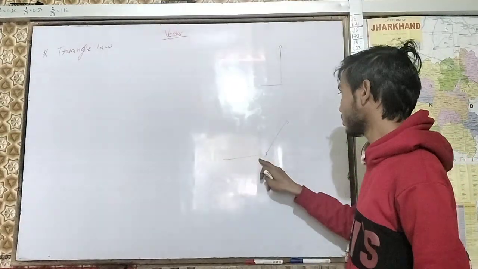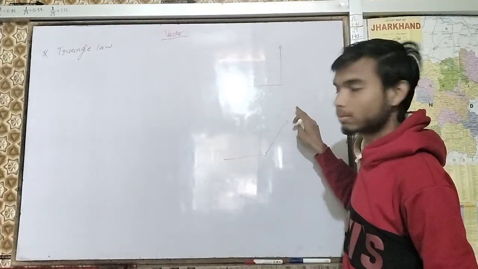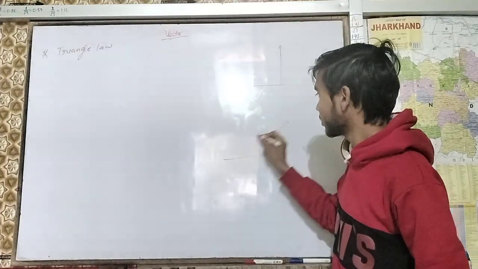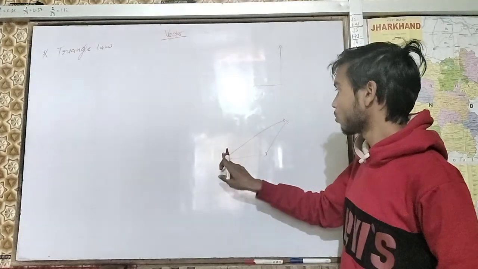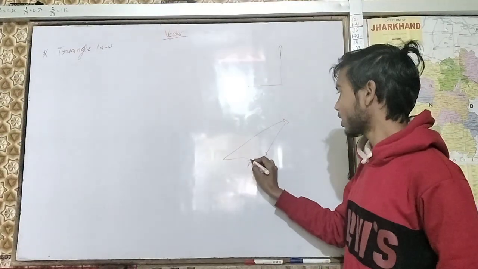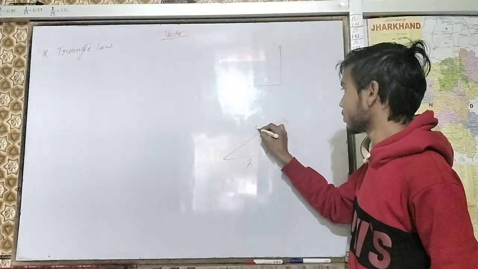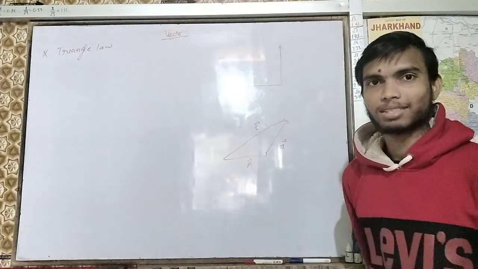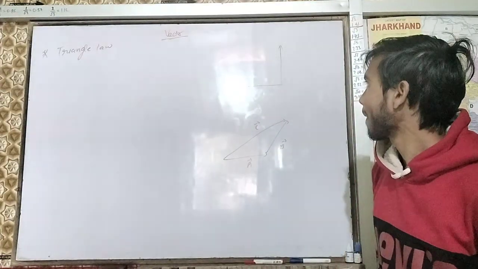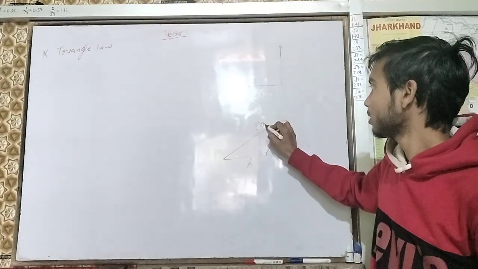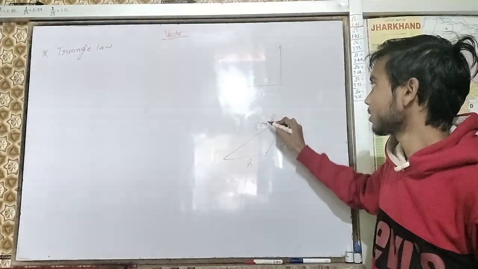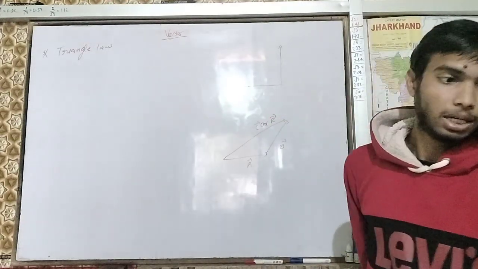It is going like this. Now we will start from the initial point of this vector. So this C can be our resulting vector.